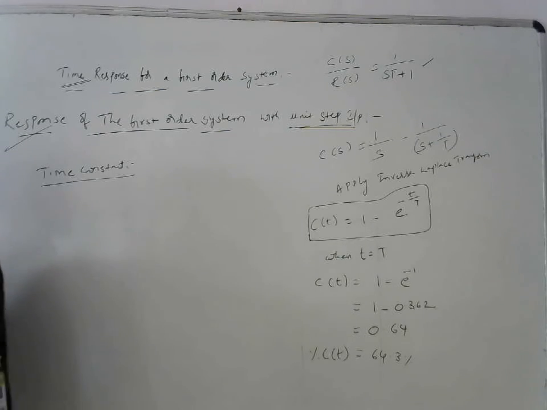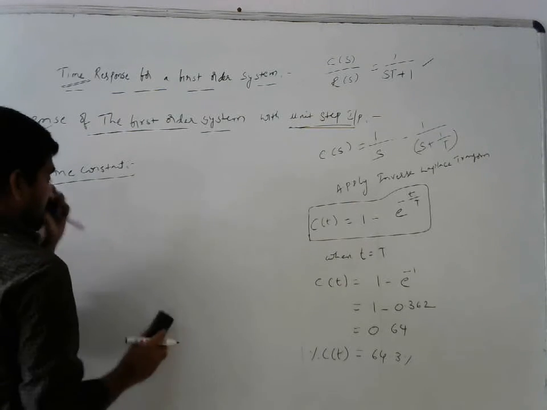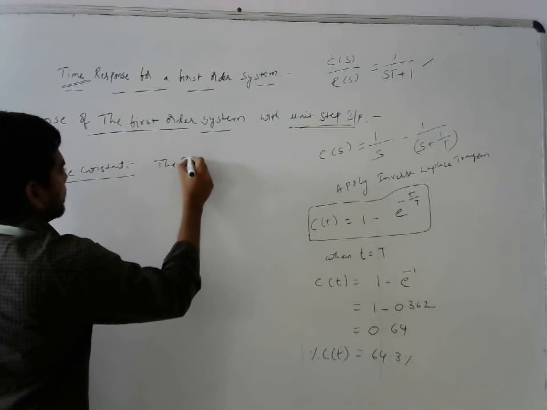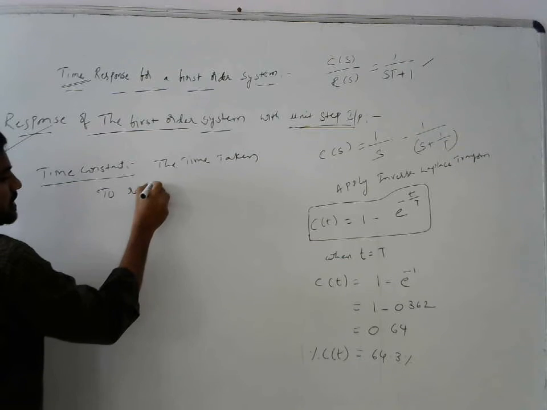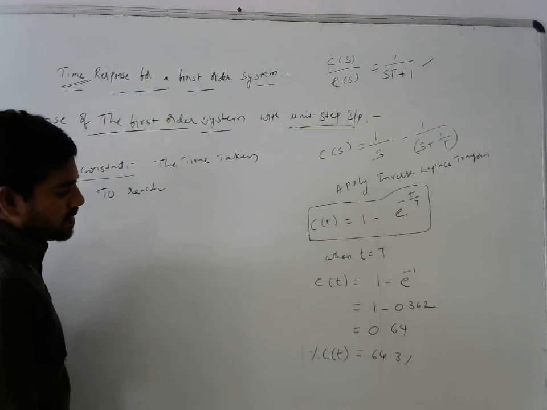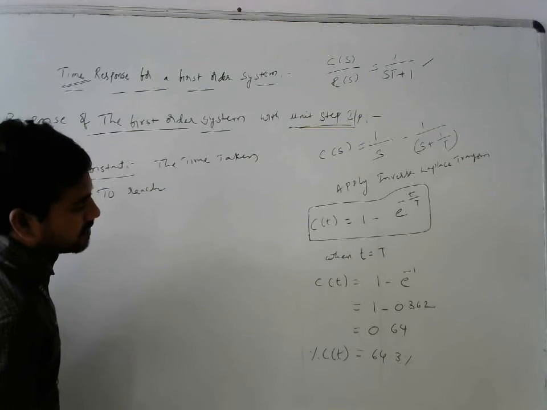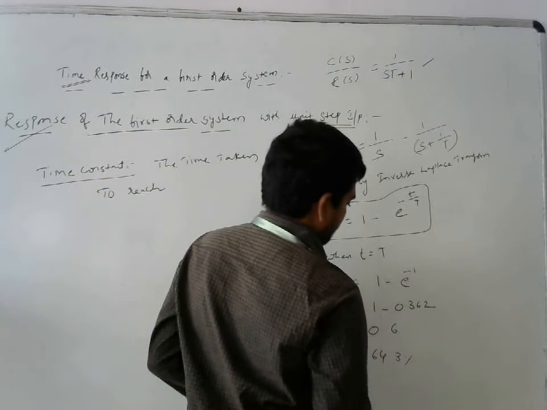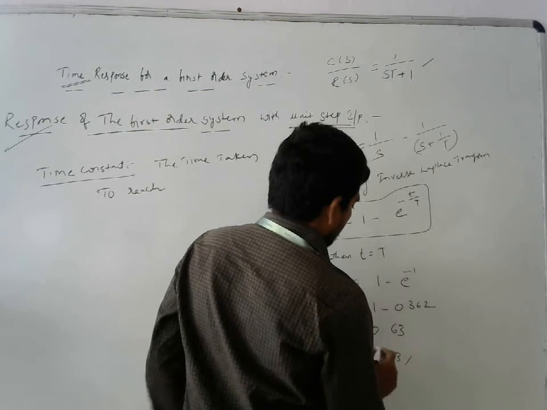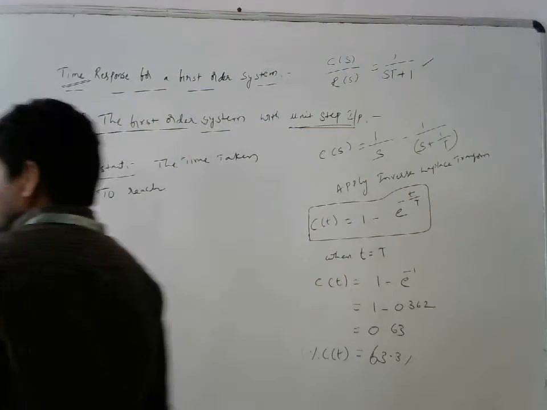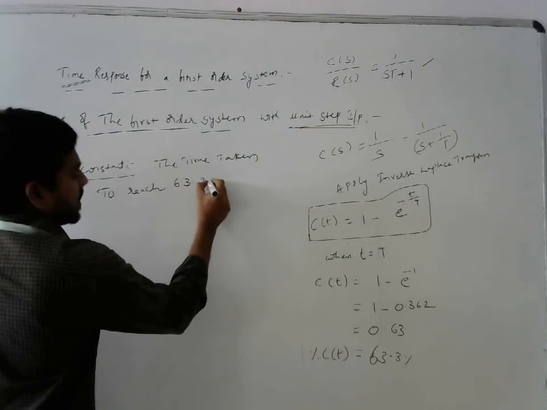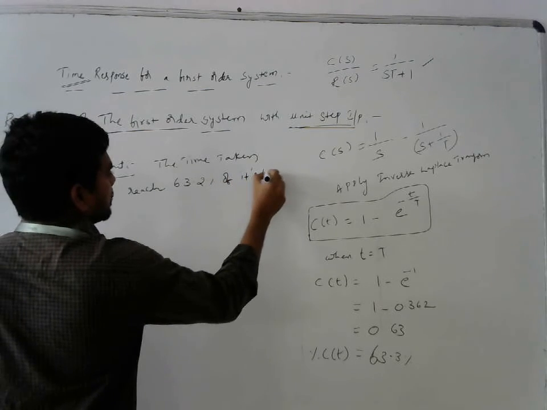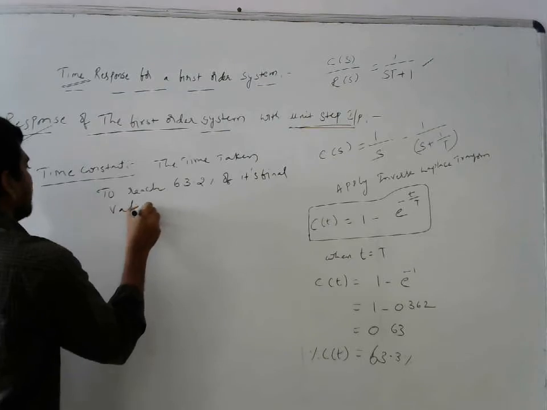The time constant is nothing but the time taken to reach 63.2% of its final value.